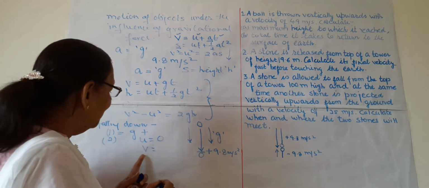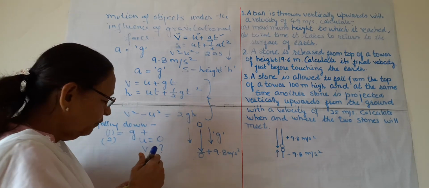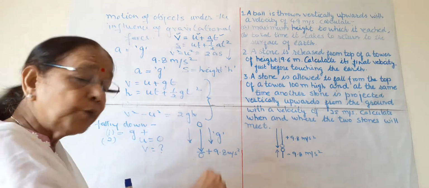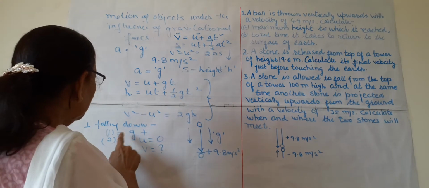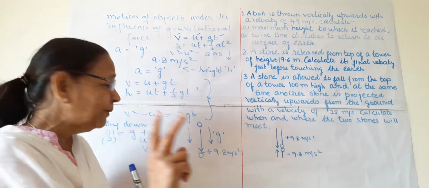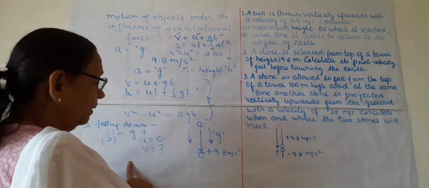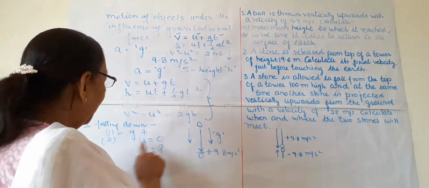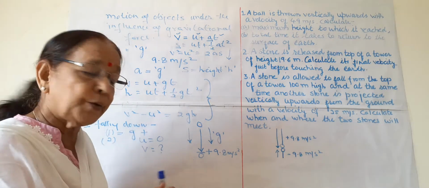So v we can calculate. But when an object is falling down, the initial velocity u is 0. These two things have to be kept in mind. When the object is falling, g should be plus 9.8 and u should be 0.